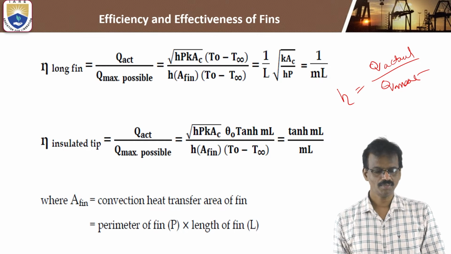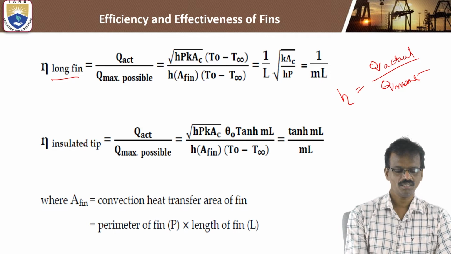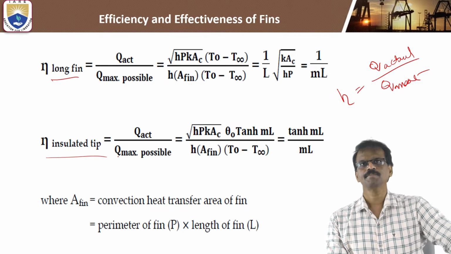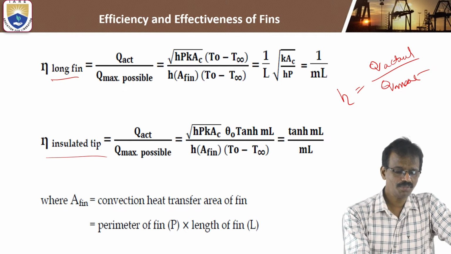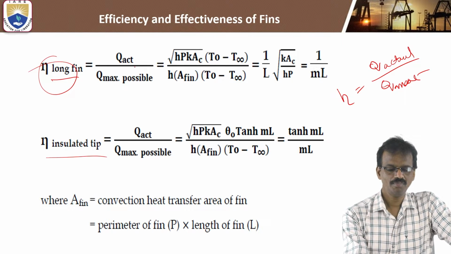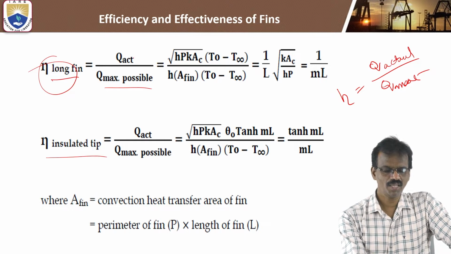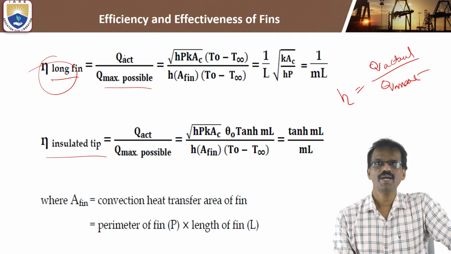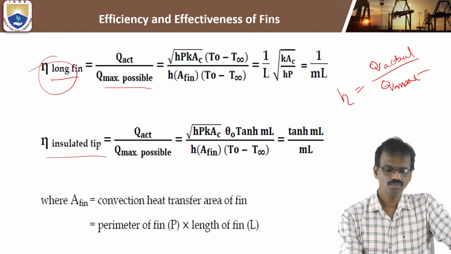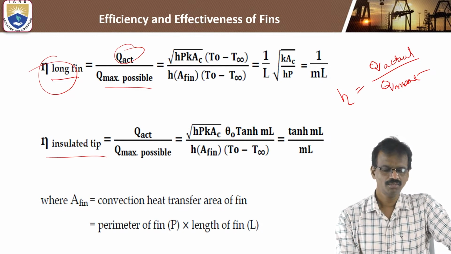Here I'm taking two types of fins. One is the long fin, another one is the insulated end fin. The efficiency of the long fin is Q actual by Q maximum possible. It means the rate of heat transfer of the actual long fin and the maximum possible heat transfer. So we'll see that one. The rate of heat transfer for the long fin we already derived.